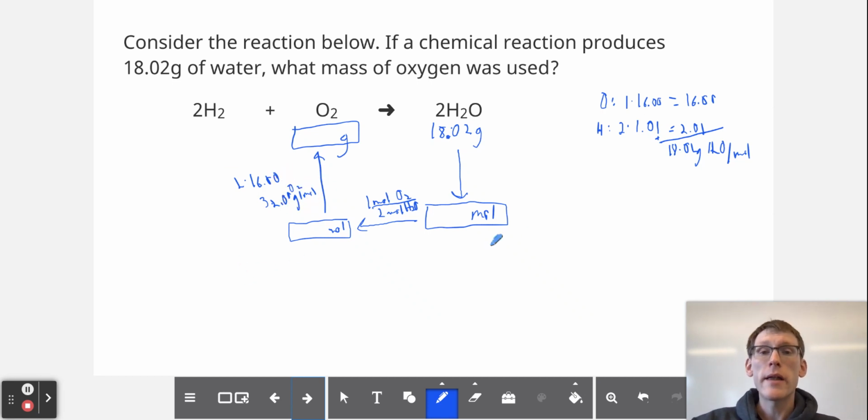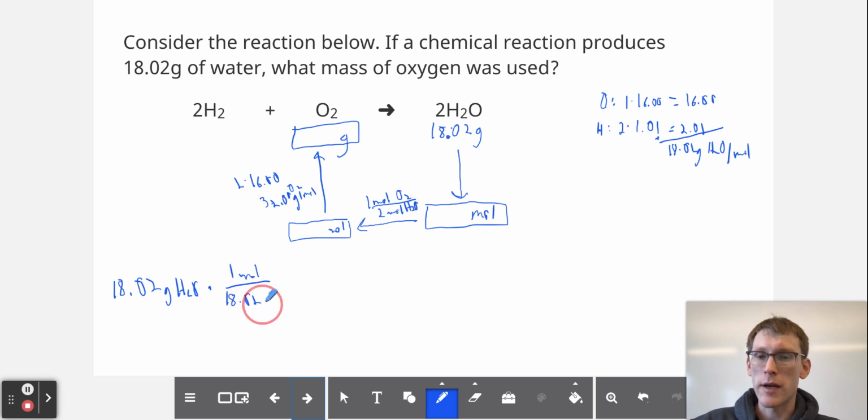All right, great. So now that I've got this mapped out, I can do my dimensional analysis. So I start with my initial measurement, my 18.02 grams of H2O. I'm going to multiply this by 1 mole over 18.02 grams. And it's important to write it's 1 mole of H2O. The reason why I'm putting this in here is that my next conversion factor also involves moles, and actually moles of two things. But I want to make sure I put moles of O2 in the numerator and moles of H2O in the denominator.